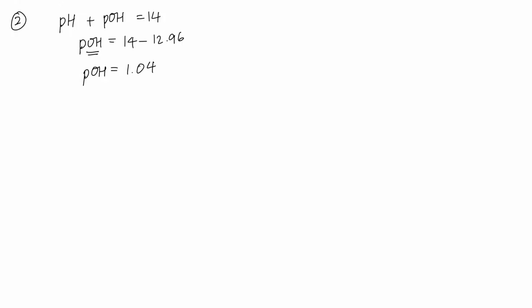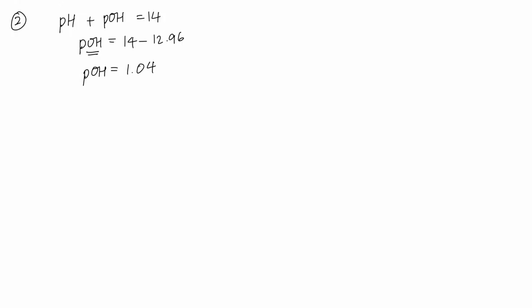Now the second part: let us look at the pH. We know that pH plus pOH is equal to 14, so pOH is 14 minus 12.96. The reason we use the pOH is because we have excess OH-. So pOH equals 1.04.